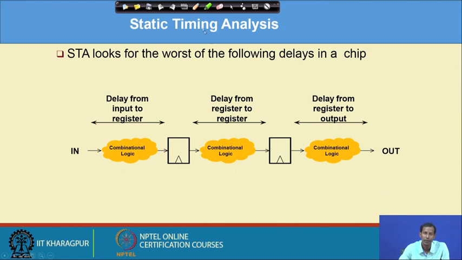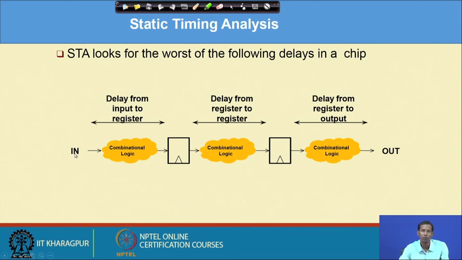Now, what is the idea of static timing analysis? Suppose I have a system from input to output, the block diagram representation of which we have seen in the earlier slide. Consider inside of that system design there are two registers, or sequential elements, connected between three combinational logic blocks: C1, C2, C3.